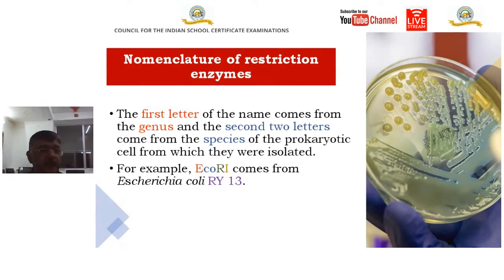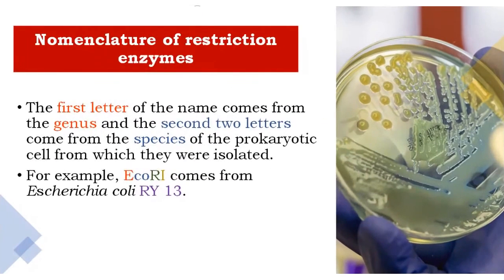Here, the first alphabet E comes from the name of the genus of the bacteria. EcoR1 is found naturally in the bacterium Escherichia coli, from where it was obtained. So this E refers to the genus of the bacteria, Escherichia.